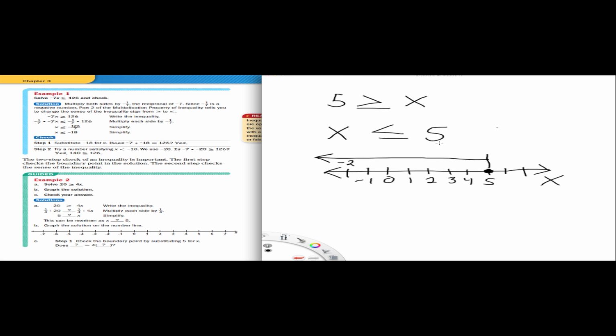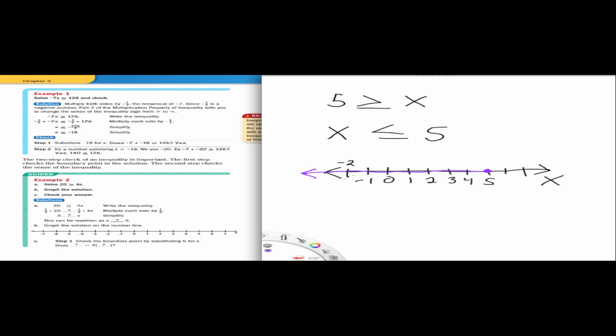Another way to do this is to go into the pencil case, grab a colored pencil of some type, and now I'm going to come back in, and instead of being in the same color as my line, I've got a very different color, and I would indicate that this is my solution set, and I can draw that right on it.